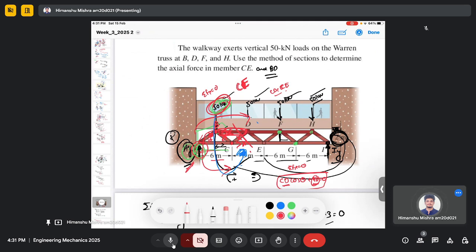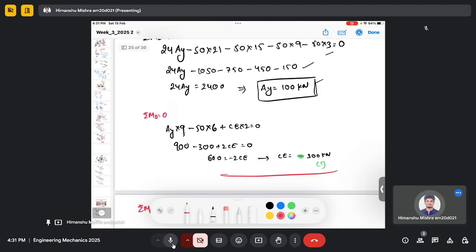Then we make the cut, and we first take a moment about point D, so we can remove the contribution of forces BD and CD in the moment, and we have only the contribution from the force CE. The other forces we already know, like AY and the 50 kilonewton. So we can find CE from the moment equation if we take the moment about point D.